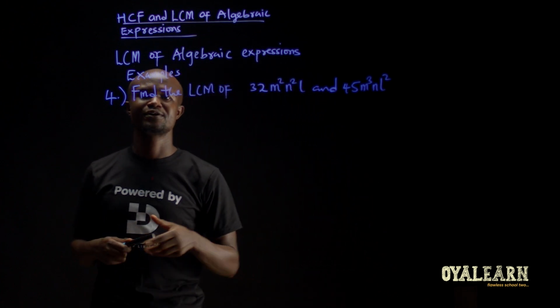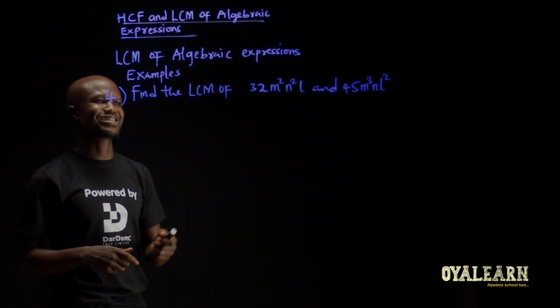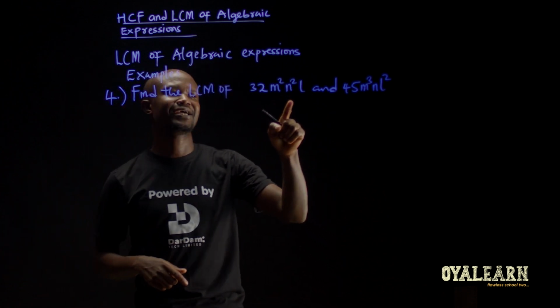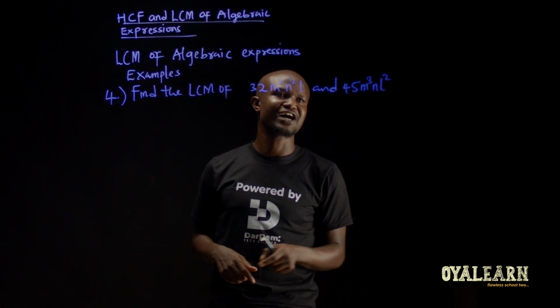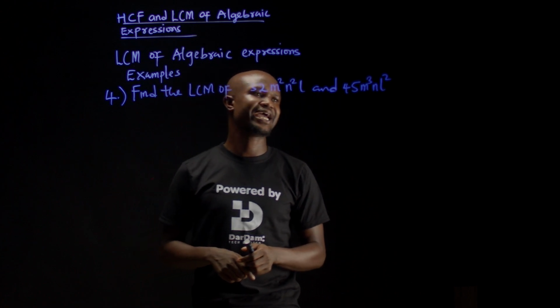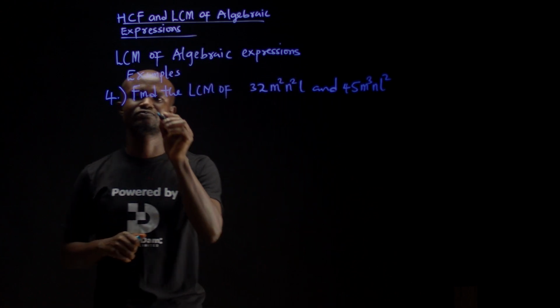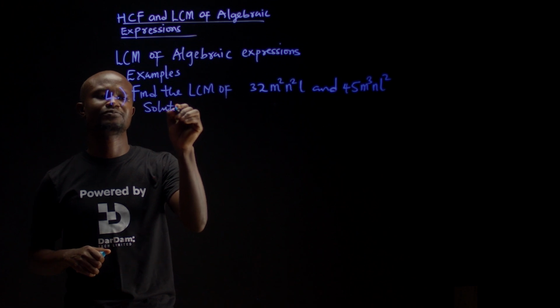So we have: find the LCM of 32m²n²L and 45m³nL². Solution to the problem.